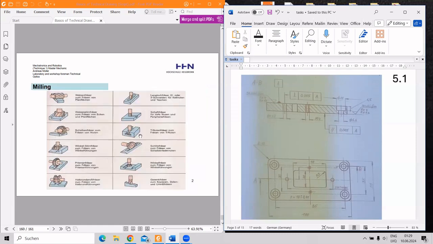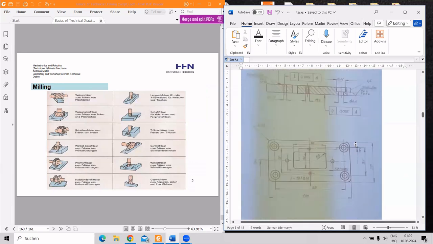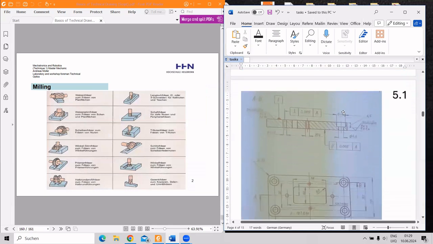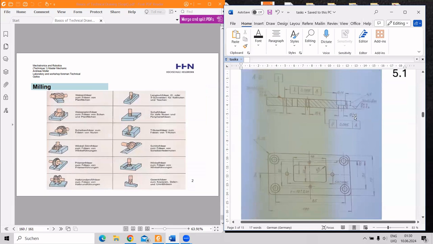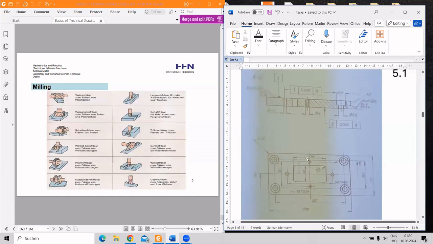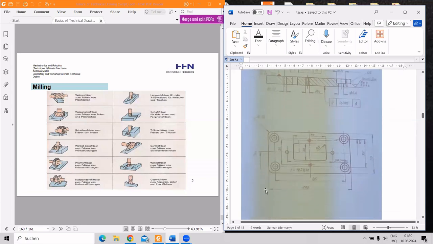Here are some other examples. So milling tools and turn. That's the end of the session. So about form tolerance, we have task 5 presented here. So the main accent we should make on these parts. Here's the front view and side view. So we should correctly designate.